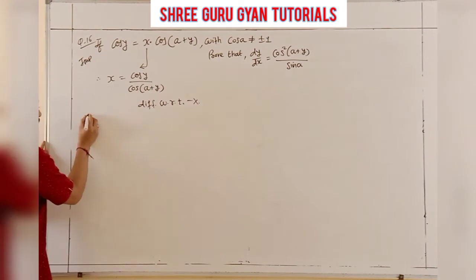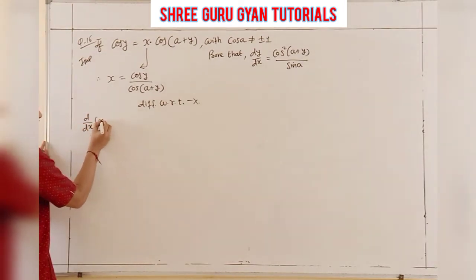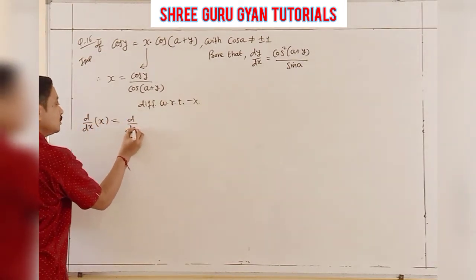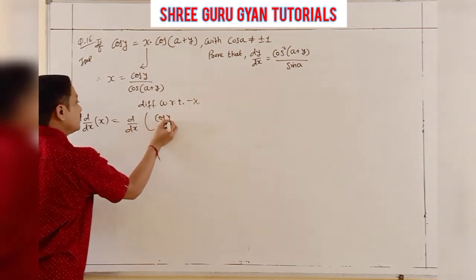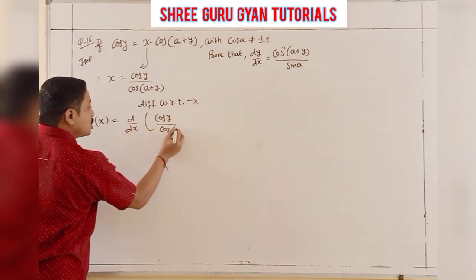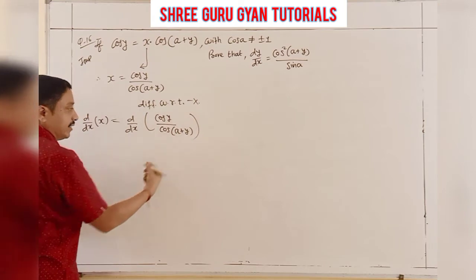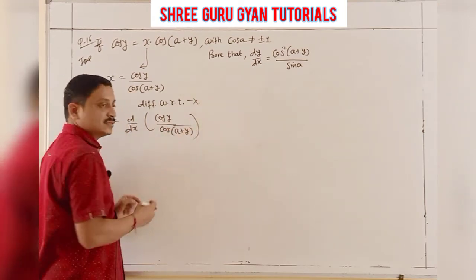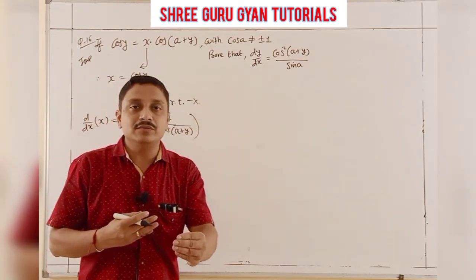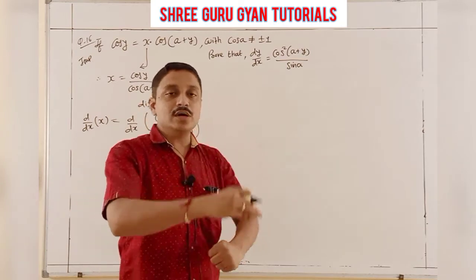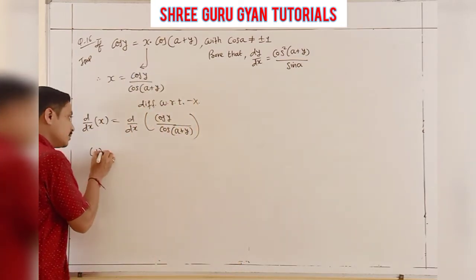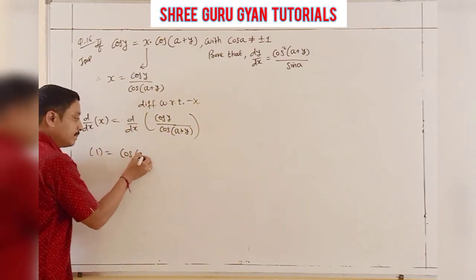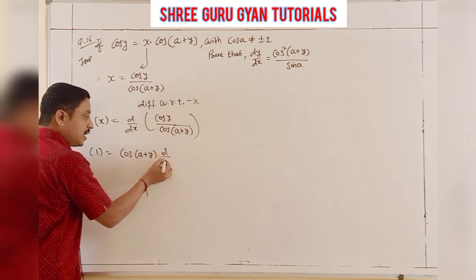So d by dx of x, and here also d by dx of cos y below cos of (A plus y). And here students, start your derivative with respect to x. It is 1.